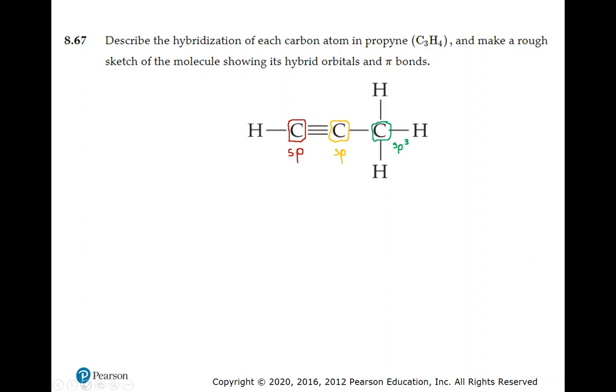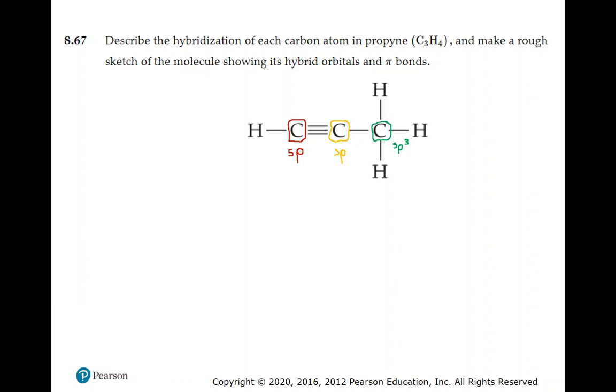Now, I told you we weren't going to worry about sketching the molecule, because that's going to be a disaster if I try to do it with the mouse, but also, even if we were doing this on the board, that's not a question that you'd see on an exam, either one of my exams or the ACS final. So what we can do instead is count up all of the sigma and pi bonds.